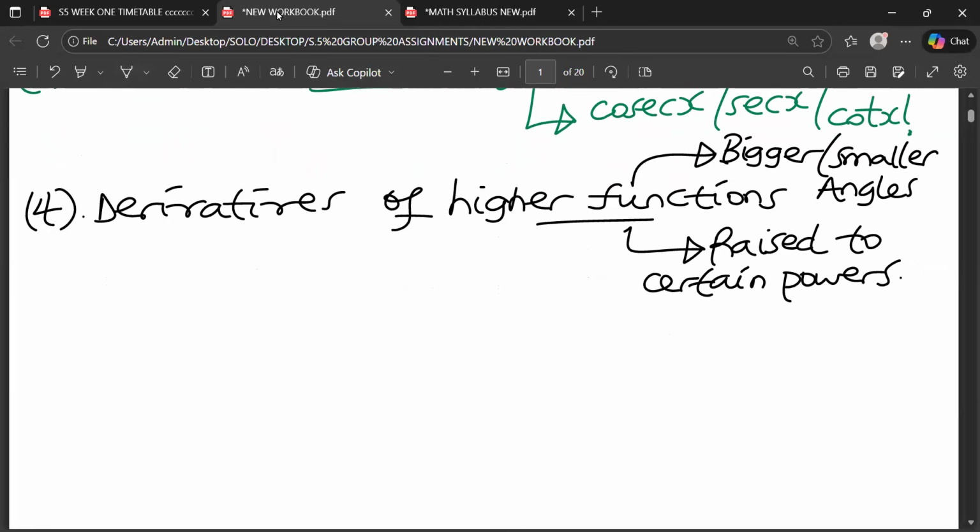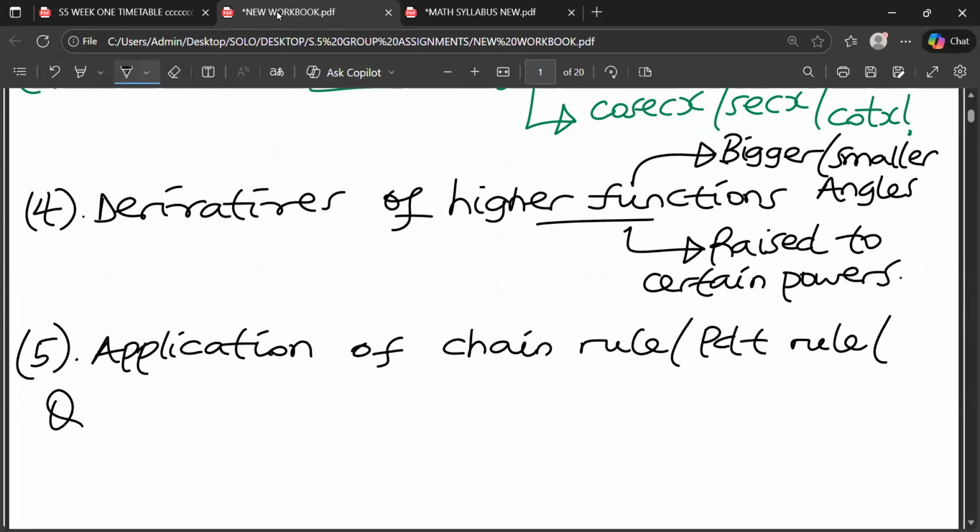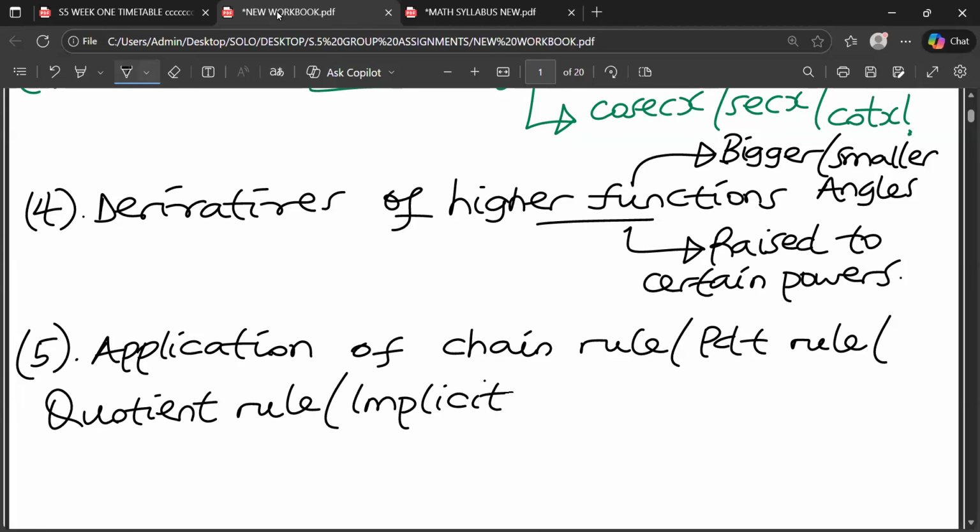So, after us looking at that, we shall look at the application of chain rule, product rule, talk of the implicit rule, differentiating trig functions.